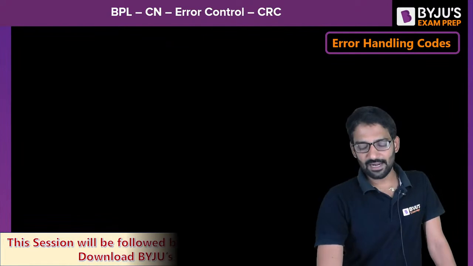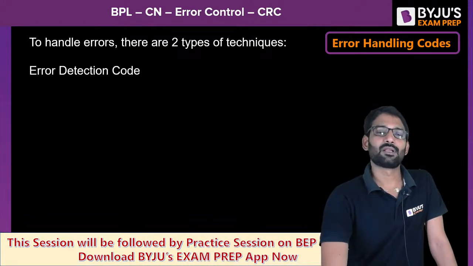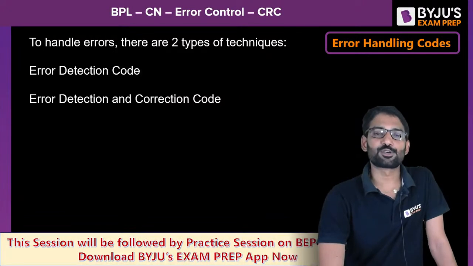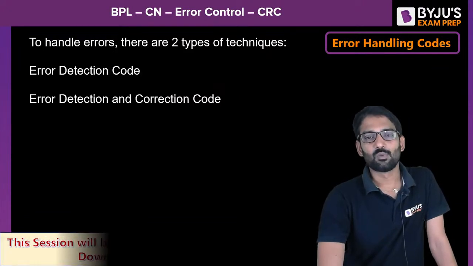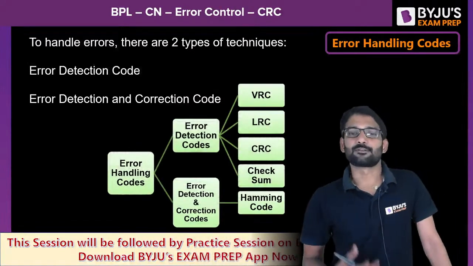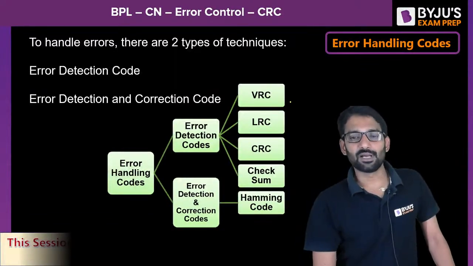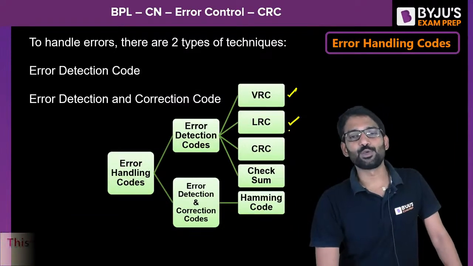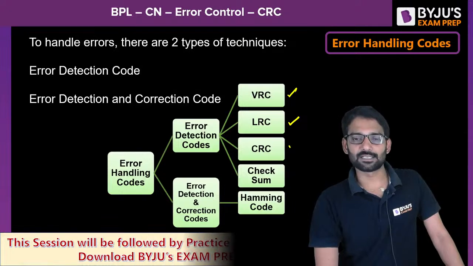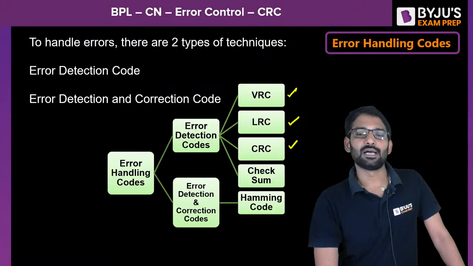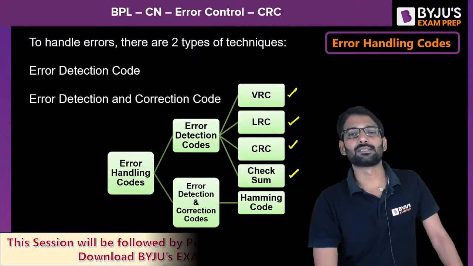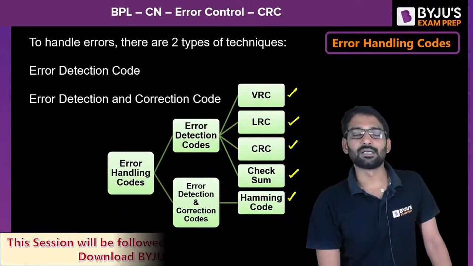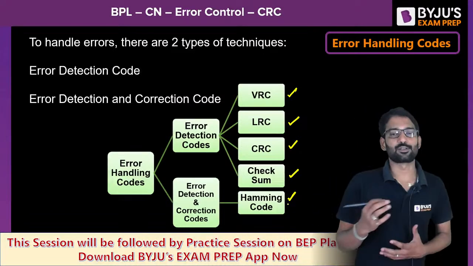Now, to handle these errors, there are two types of techniques: error detection code and correction code. What are they? As we have already discussed, VRC, vertical redundancy check, LRC, longitudinal redundancy check, CRC, cyclic redundancy check, and checksum are the error detection codes, while Hamming code is the error detection and correction code.